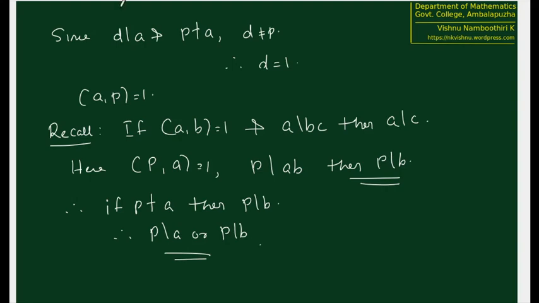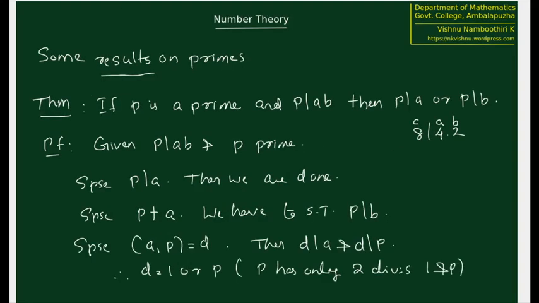We can extend this statement, that is, P divides AB implies P divides A or P divides B. We can extend this statement for any product containing a finite number of elements. So the general statement is the following.